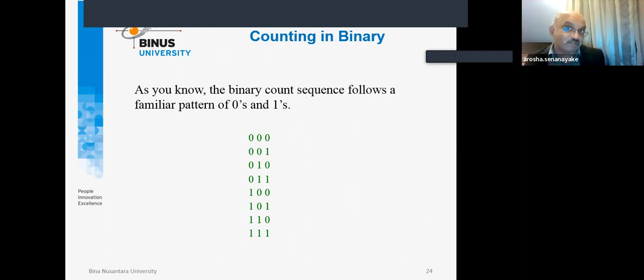If we have only 3 bits, the maximum we can count is 1, 1, 1, which means 7. So you can count from 0 to 7, so actually you are counting 8 values, because it starts from 0.